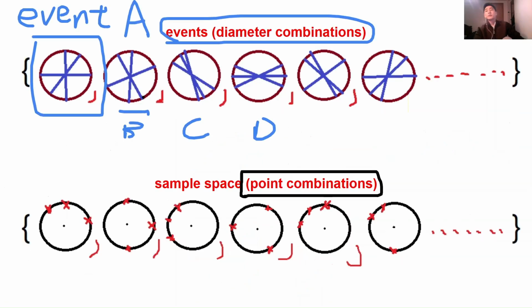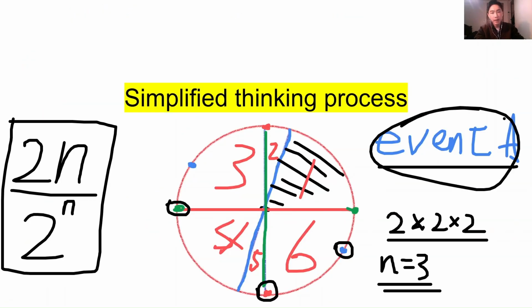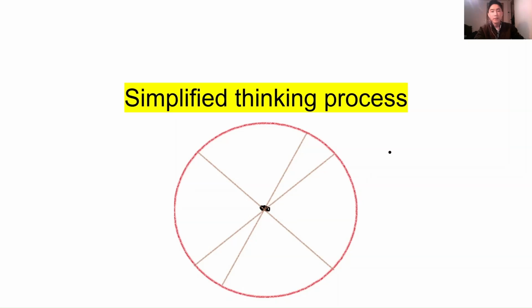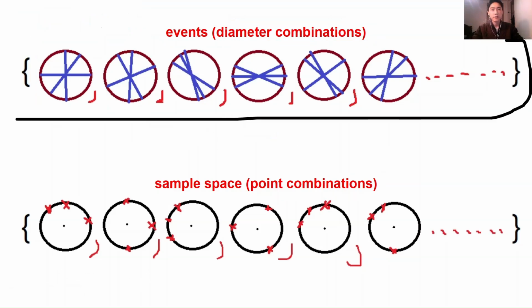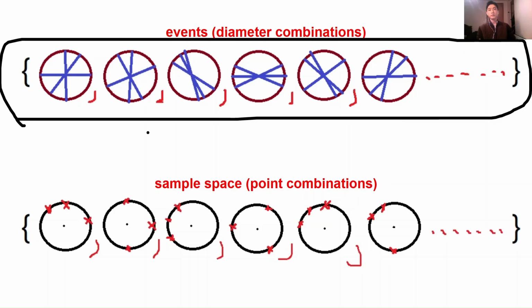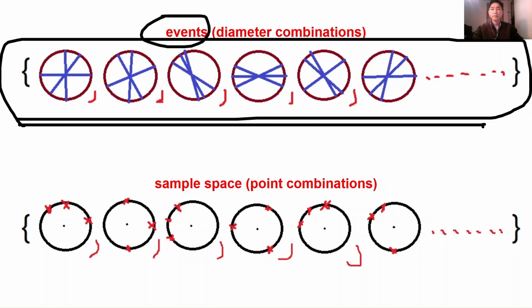Now, this is event A, and we could have another event, event B, for example. Like this, we can see it in a bigger picture: event A, event B, event C, event D, event E, event F. What do you think the probability distribution for all the events in this set is?